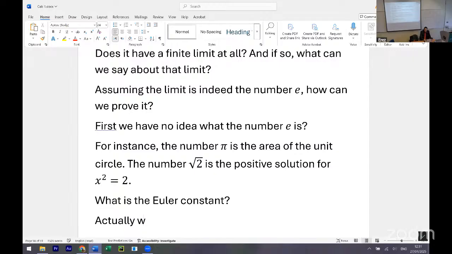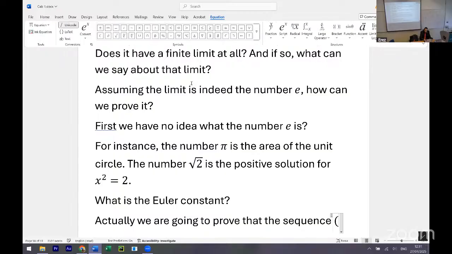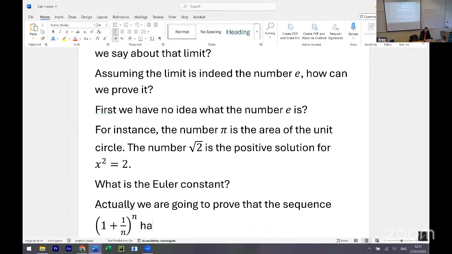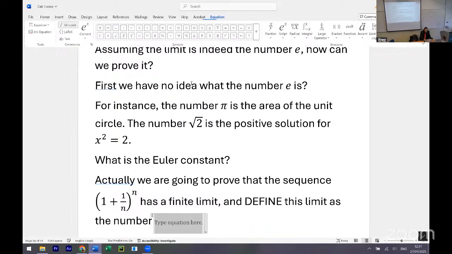Actually, we are going to prove that the sequence 1 plus 1 over n to the power of n has a finite limit, and define this limit as the number e, exactly.